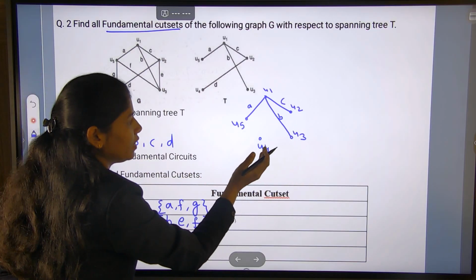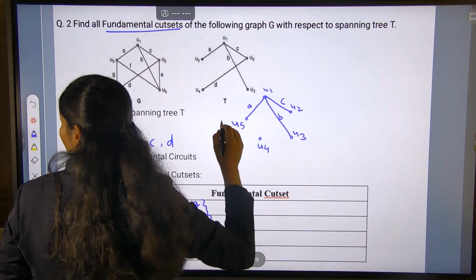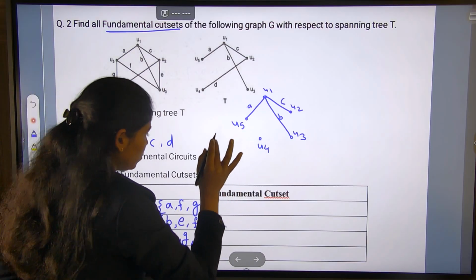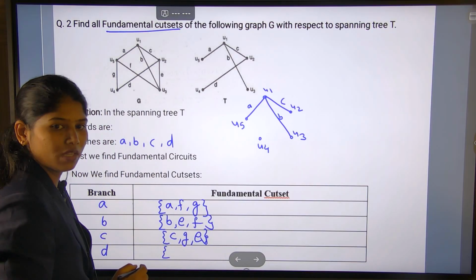This one is separated and U4 is separated. So here are two disconnected components. Check after joining which edge we get the connected one.